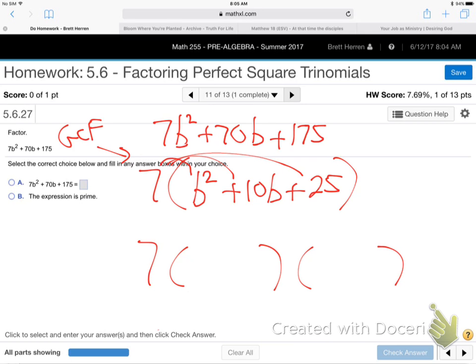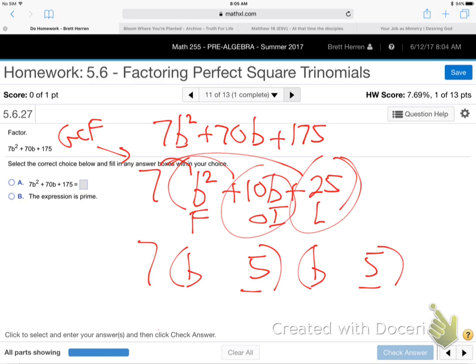All the numbers change. Do the one big parenthesis because the numbers change, and now you can write FOIL. And then front times front, b times b to make b squared. Last times last to make 25. 5 and 5. Do the OI, the 2 inner, 5b, the 2 outer, 5b. Sure enough, they make 10b, both plus.